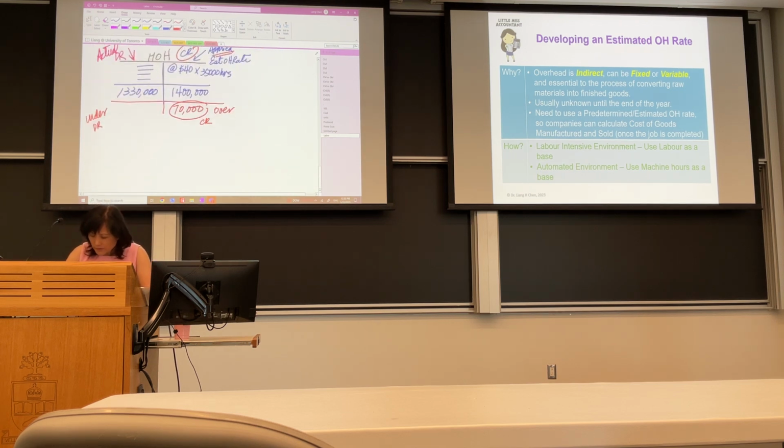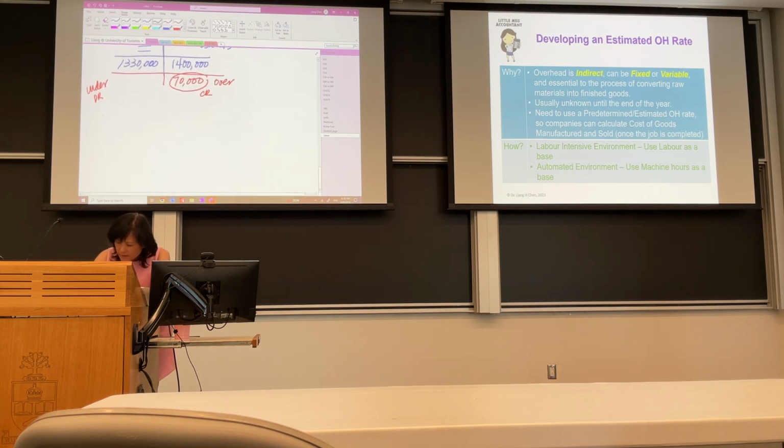Number one, write off or adjust to the cost of goods sold account. Add or subtract, you go to cost of goods sold. Originally, I put too much in there, so I'm going to take it out.